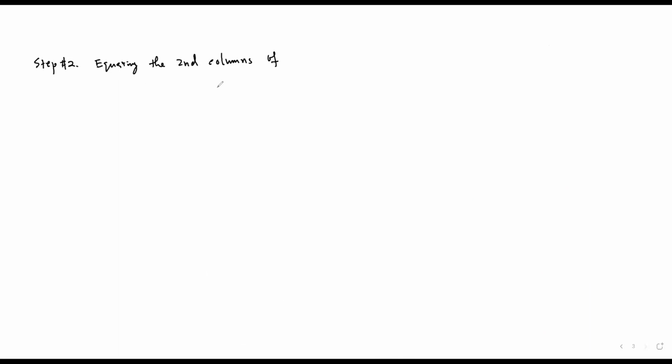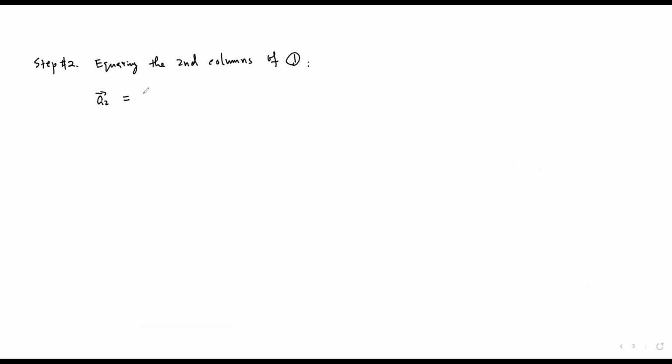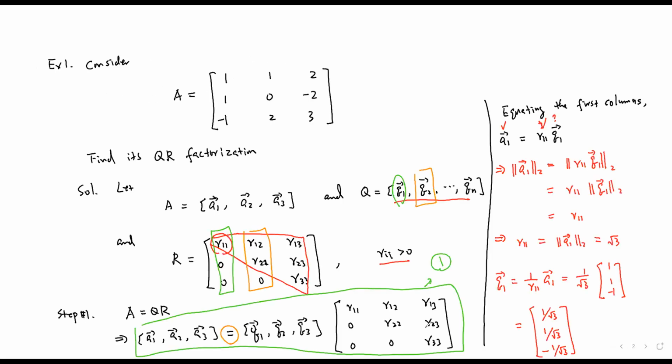Equating the second columns on both sides of equation 1, we have the left side A2 equal to the right side, whose second column is R12 times Q1 plus R22 times Q2. R12 times this, R22 times this.